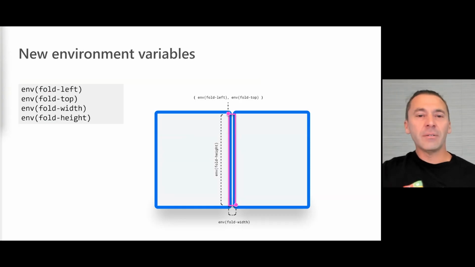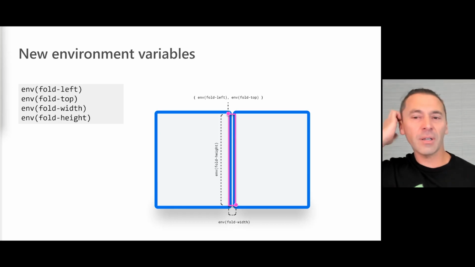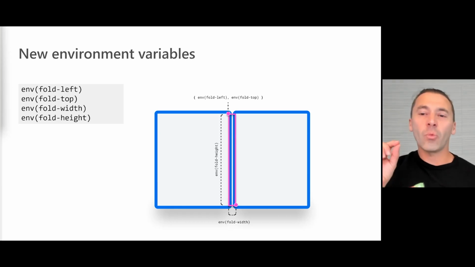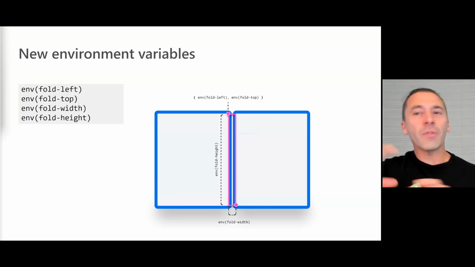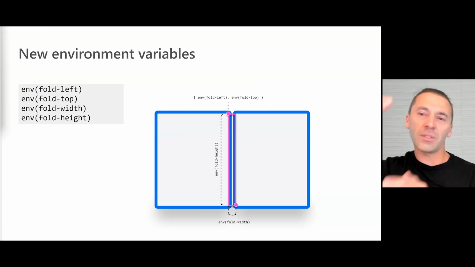We also added environment variables, and this is part of CSS that lets you get specific values for the device. So common ones would be just the width and height of the screen, things that you want to get. But we provided the way to find out the coordinates of the hinge so that you can do specific layouts that care about where the hinge is and where it sits in relation to your content.